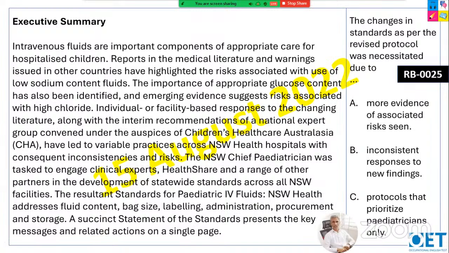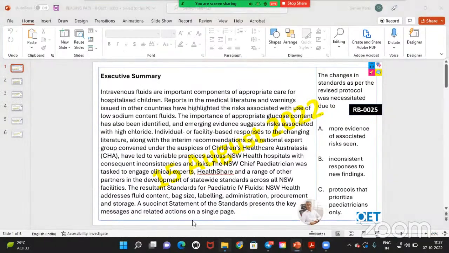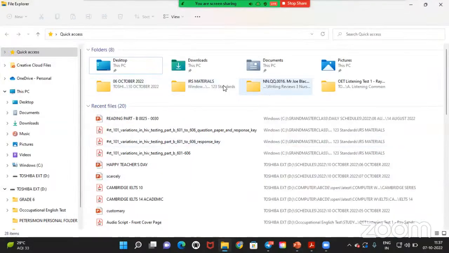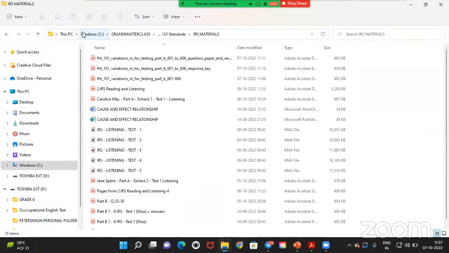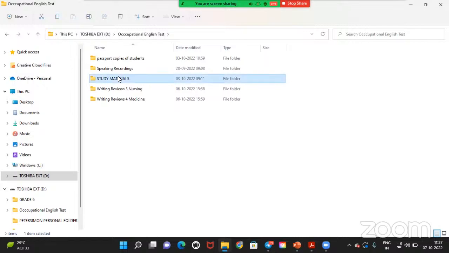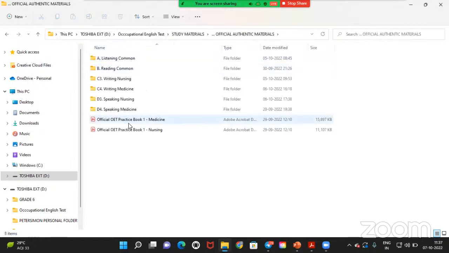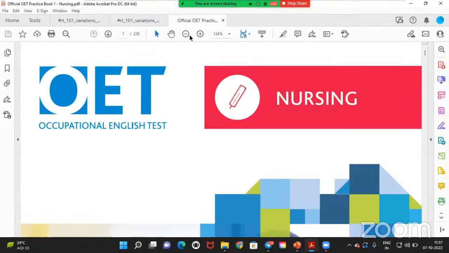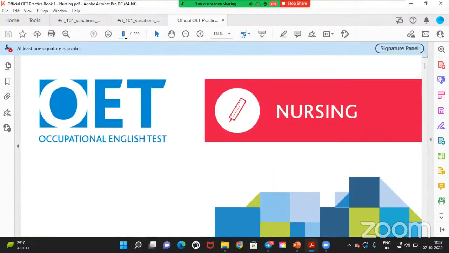So is this from the official book? Let us check. So official book. 120.